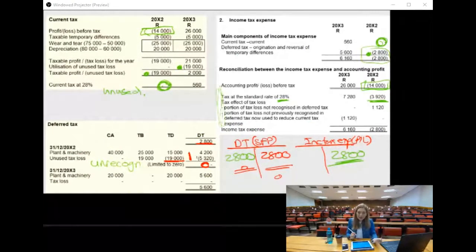However, now we only have 2,800. So the difference between the 3920 and the 2,800, remember that 2,800 always has to be the same as the total of your income tax expense note. The reason why we have this difference is because of the 1120 portion that we could not recognize.